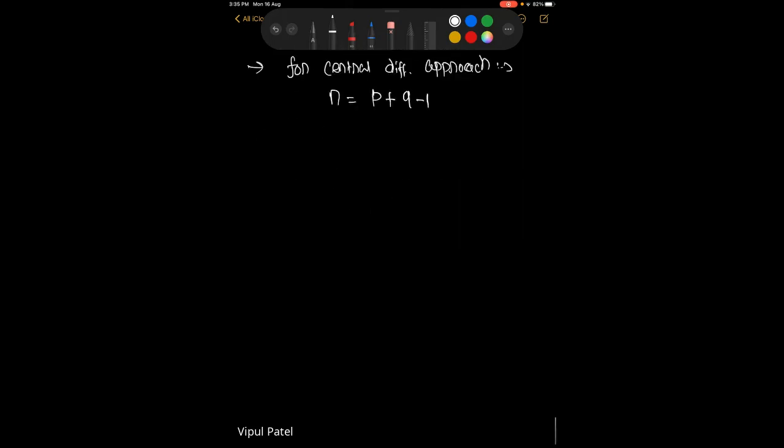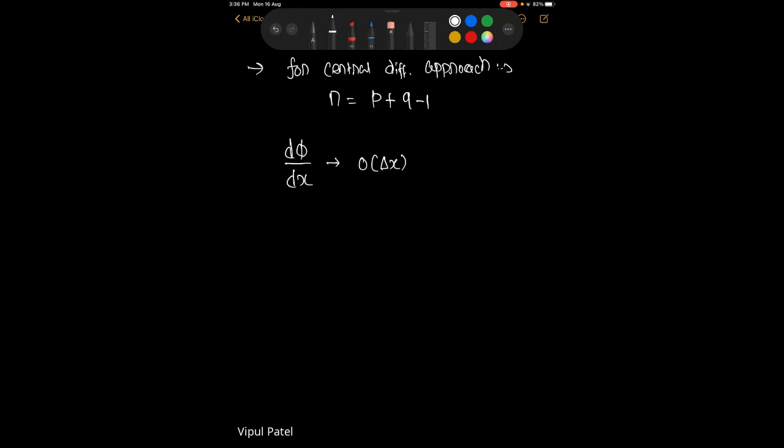For example, let me have a first order derivative which is d phi by dx, and I want to have a first order accurate scheme, order of delta x.